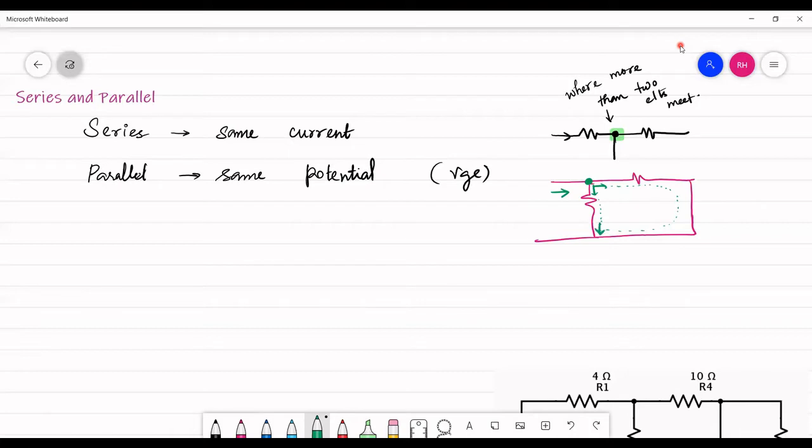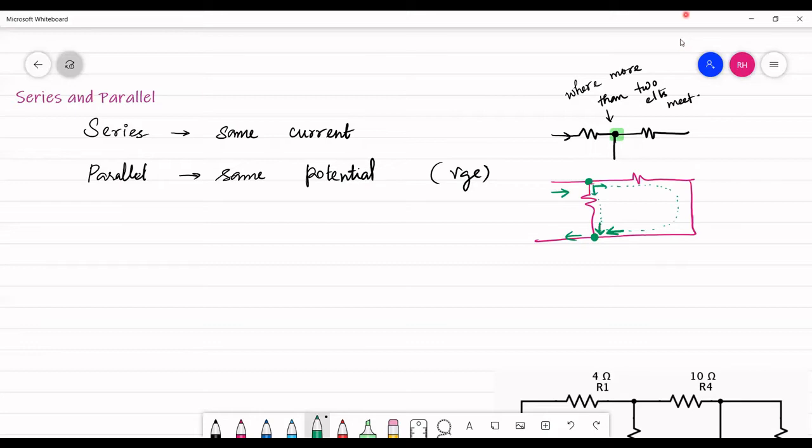If the current that has split comes back and joins at the other end, so current is splitting into two and then those two parts are combining together, then such a connection is said to be a parallel connection.